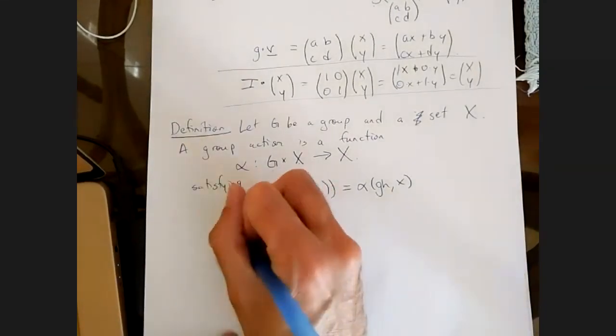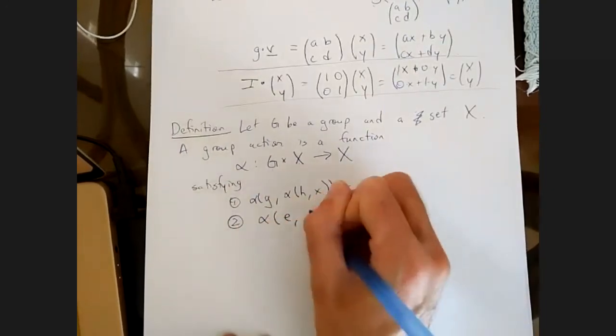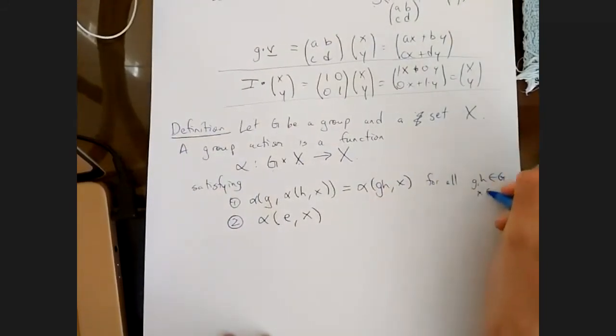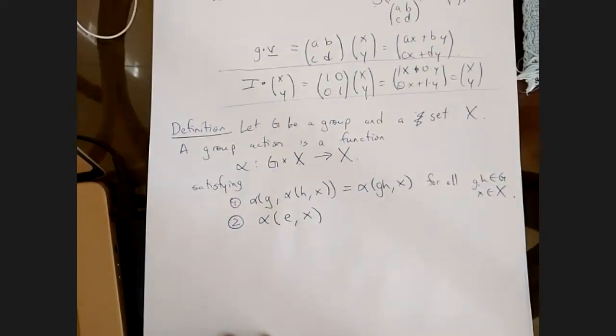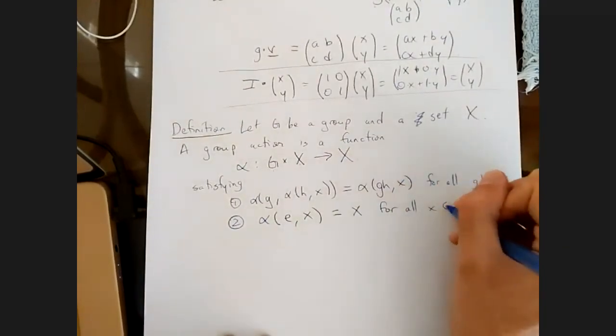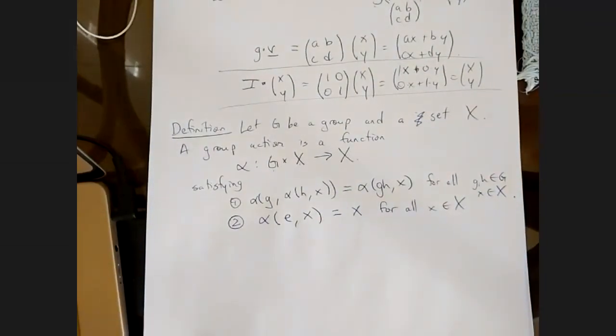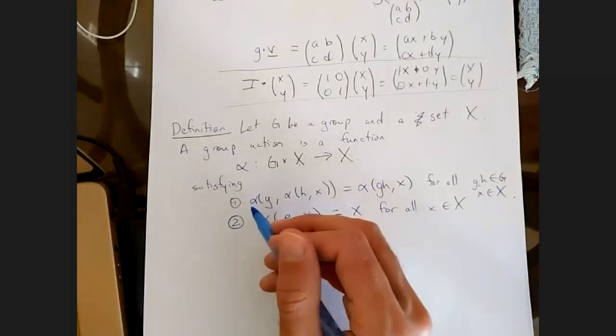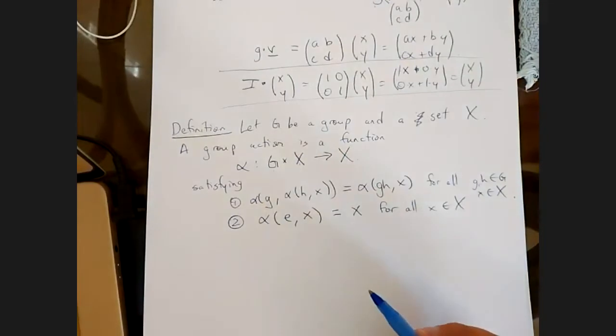The second property is that we want, oh yeah, and this should hold for all G and H and X. Okay, and you see I have this alpha here and I didn't have any alphas in my examples.